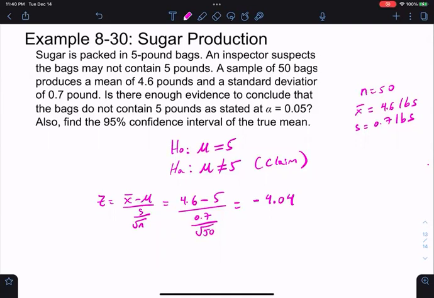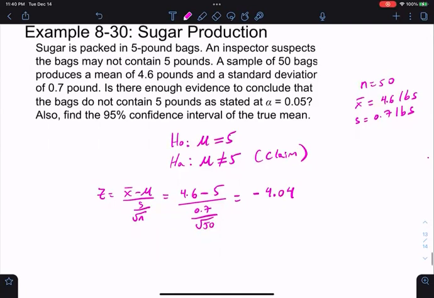Okay, so we need to do a 95% confidence with that significance level. This is a two-tailed test, so obviously this is going to reject, right? So this is 0.05. You have to divide by 2 and all that stuff.